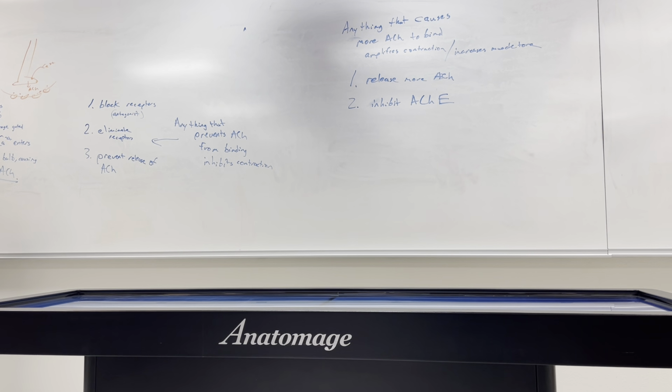If I tell you there's something that's a competitive reversible antagonist of acetylcholine, the only part of that that's important is that it's an acetylcholine antagonist. It's blocking that receptor. That's where you need to hone in on. That idea being that it's going to inhibit contraction. Don't worry about the name of whatever it is. The mechanism is what's important.